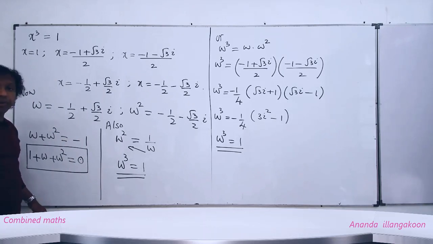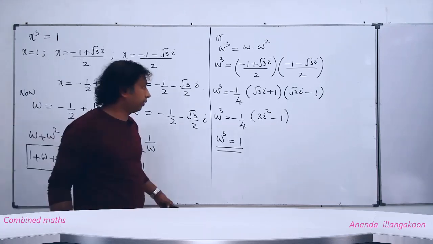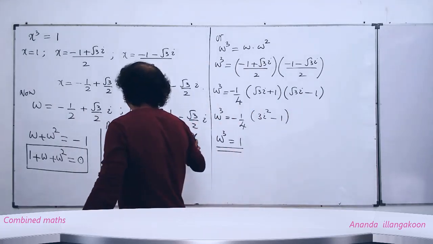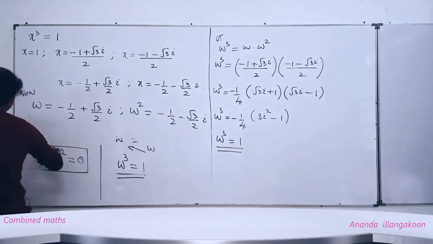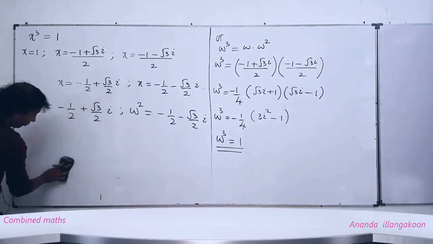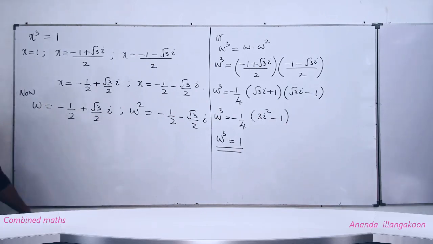Right. Now let's see, people, the modulus, the polar form especially of this omega and omega squared. Right. Okay. We'll come to that now. This is okay, no? Right.